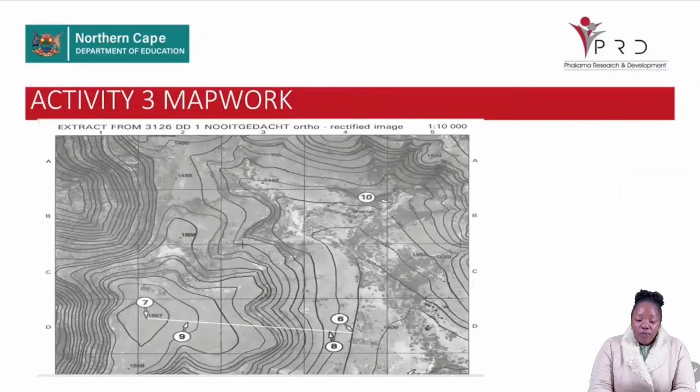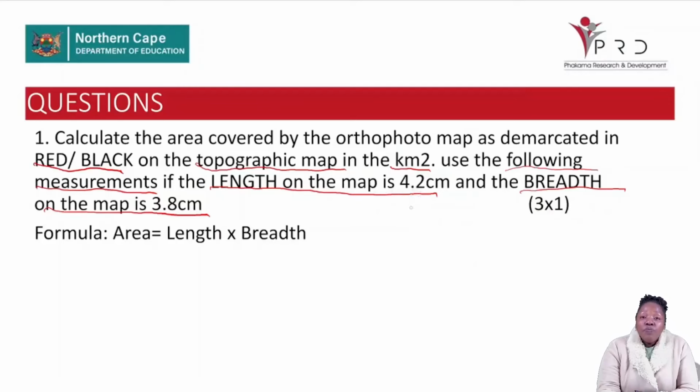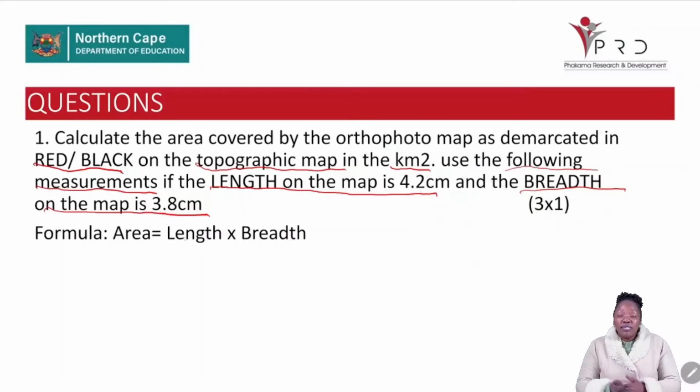The formula is area equals length times breadth. Remember, you started doing this calculation in grade 8. The length is the long side and the breadth is the short side. So already you have 4.2 as the long side, and 3.8 as the short side.